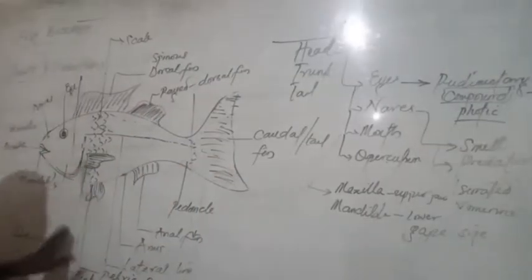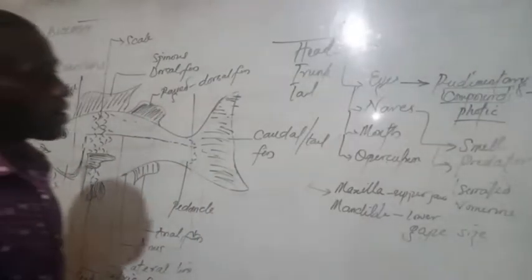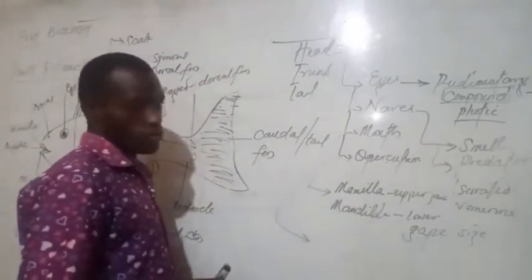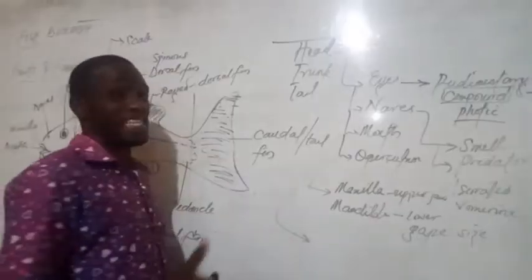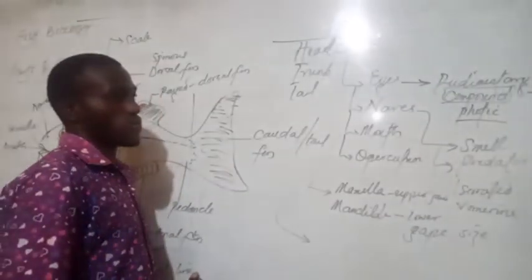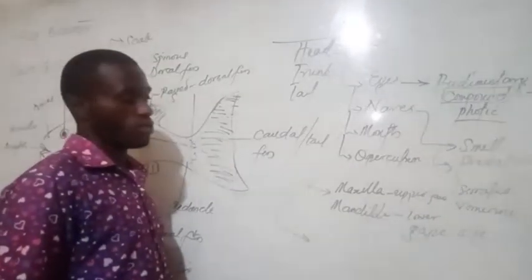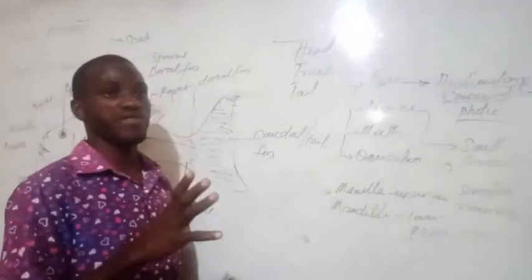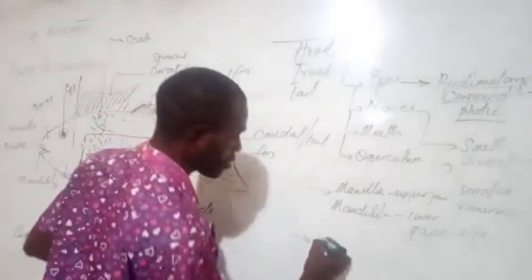And as well, the operculum. The operculum of the fish is also called the opercular plate. So it helps the fish to protect a very vital organ called the gill.